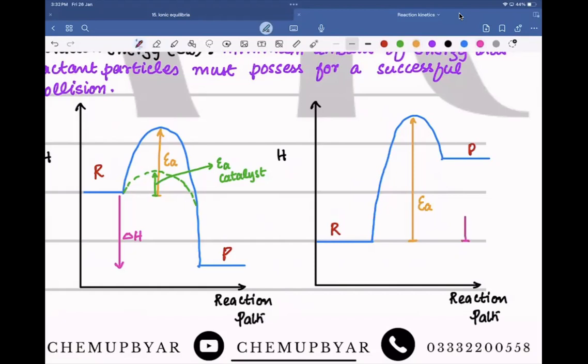From reactants till product is the enthalpy change, and when the catalyst is added, it lowers the activation energy by providing a new path for which less energy is needed.